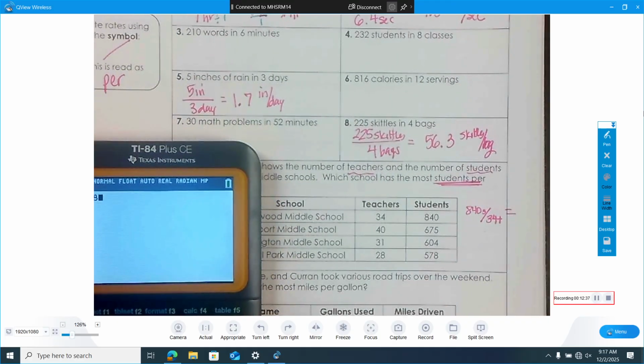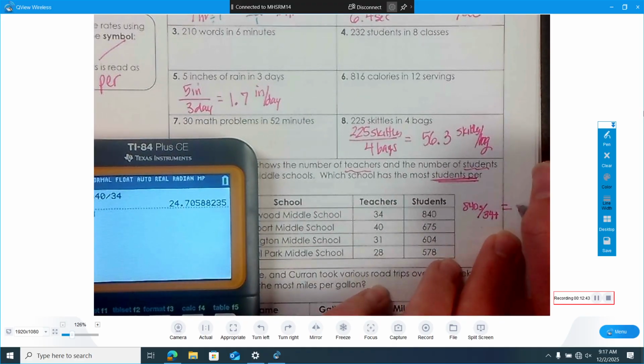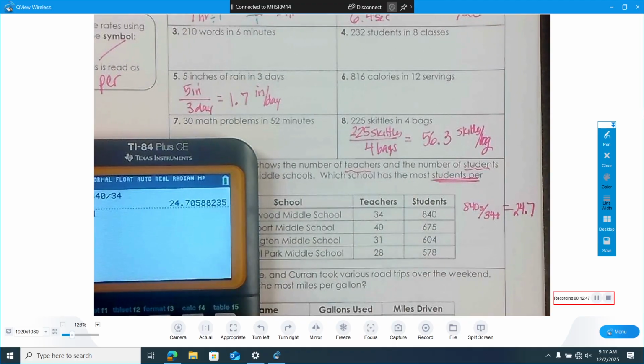So we're going to divide 840 by the 34 teachers, and we get approximately 24.7 students, about 24, 25 students for every single teacher in the building. All right, and when you look around a building like this, we're a little less than that.